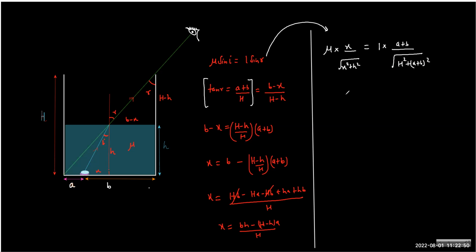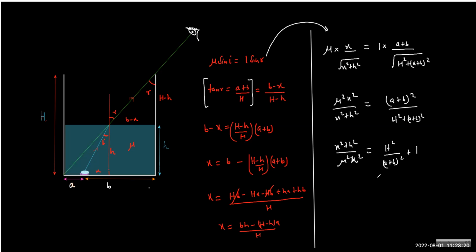And because we know x already, you can square both sides, invert it, and if you divide, you get h squared by x squared in terms of mu squared.